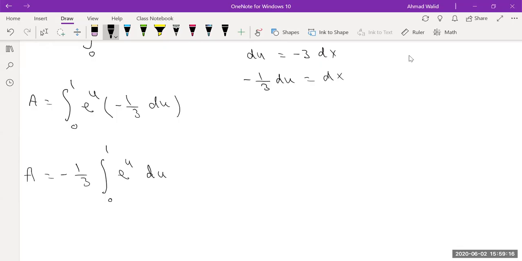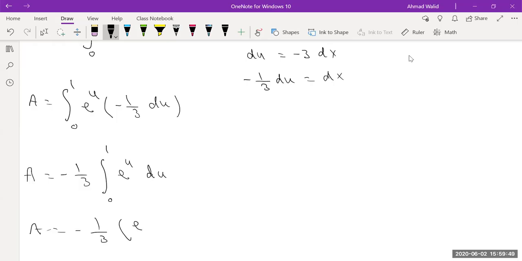You can change the bounds, the upper limit and lower limit, but then use u at the end. Or if you are not changing the bounds, like me, in this problem I'm not changing the upper limit and lower limit, I will rewrite the value of u here, correct? But before that, A equals negative 1/3. What is the integral of e to the u from 0 to 1?